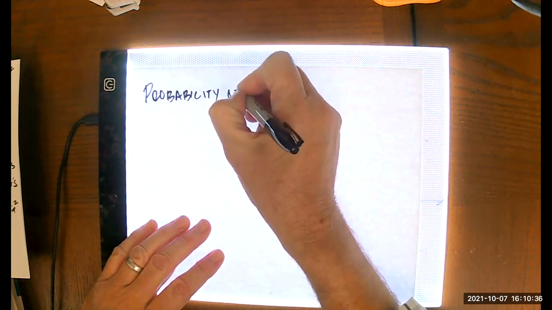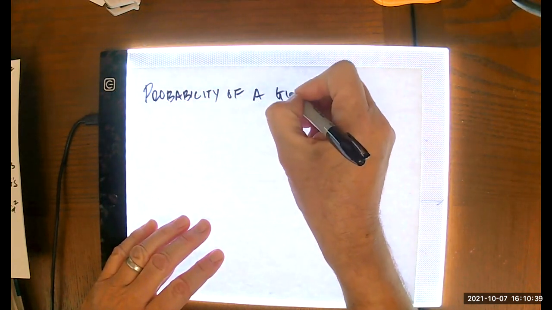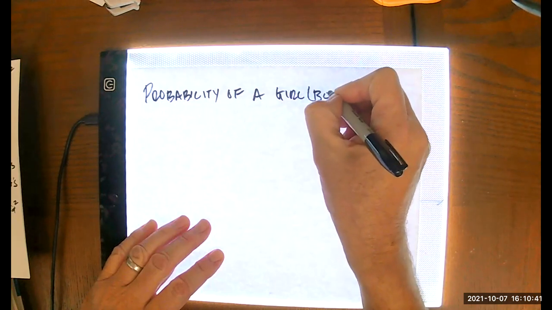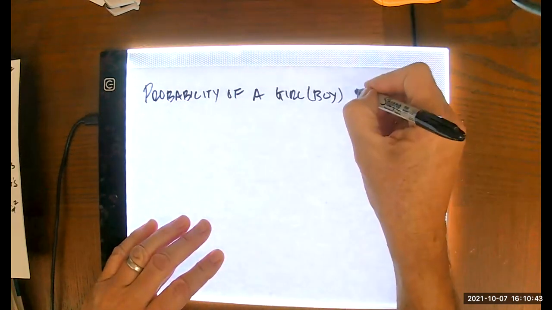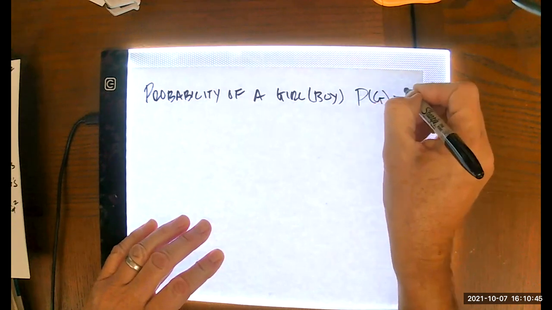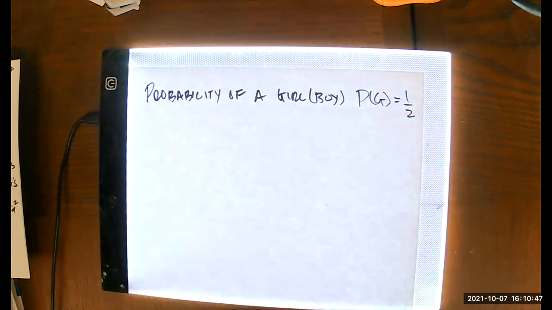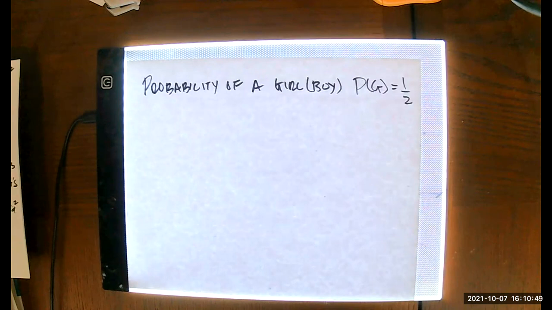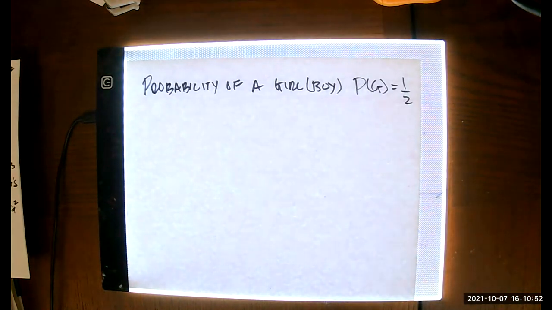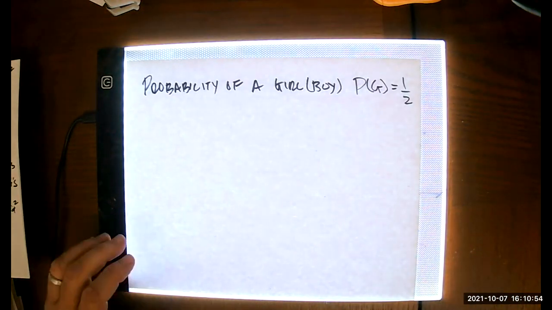Probability of a girl, or maybe a boy, in any one birth, 1 out of 2. You're expected to know that about half the babies born are boys and half the babies born are girls.